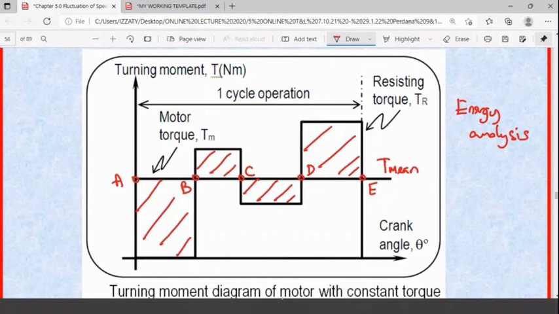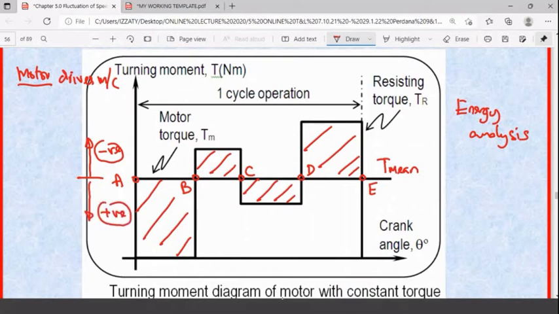Because we are doing the problem of a motor which drives a machine, any area above T mean will be considered negative, and any area below T mean will be considered positive. And if you look at this and compare it with what you had earlier, it is basically the opposite of what you have in the internal combustion engine.